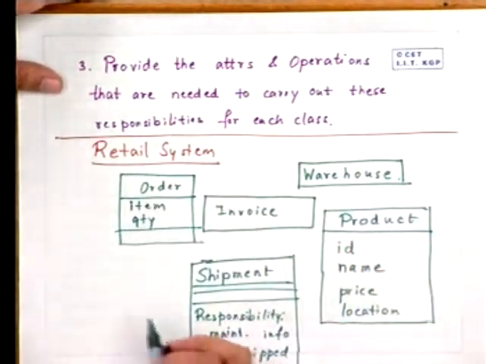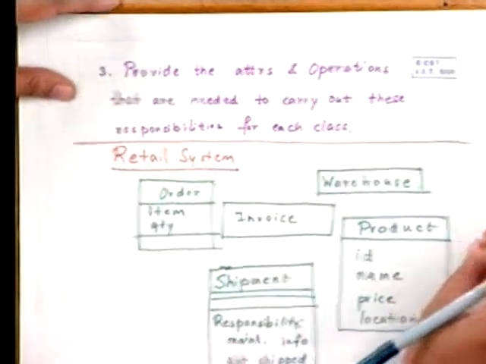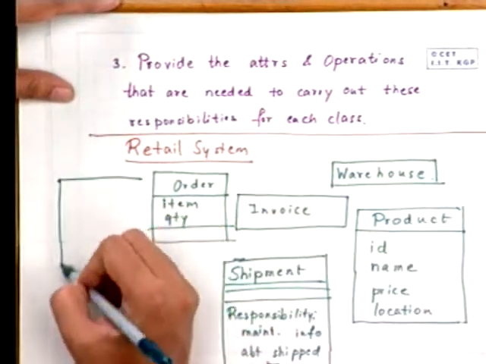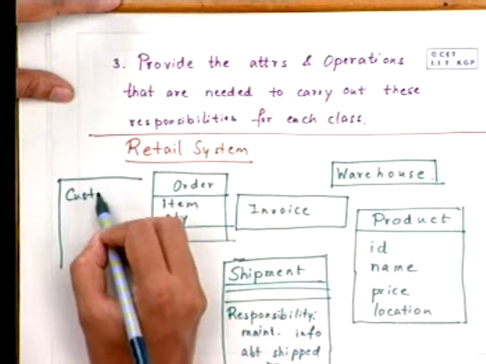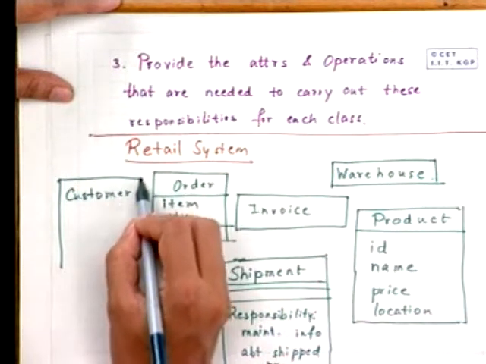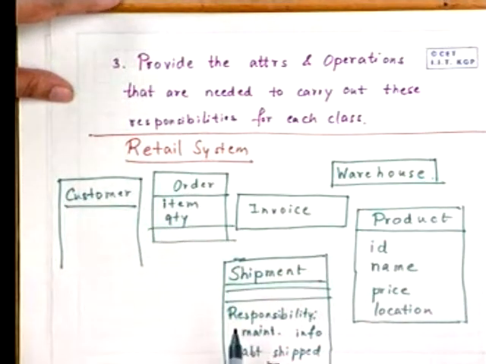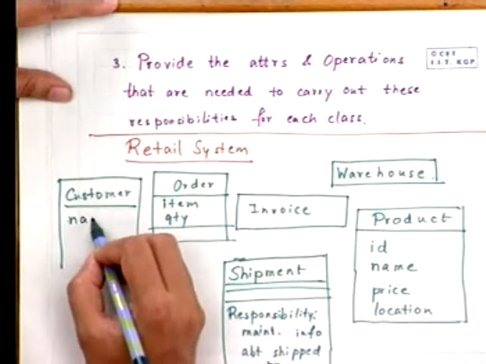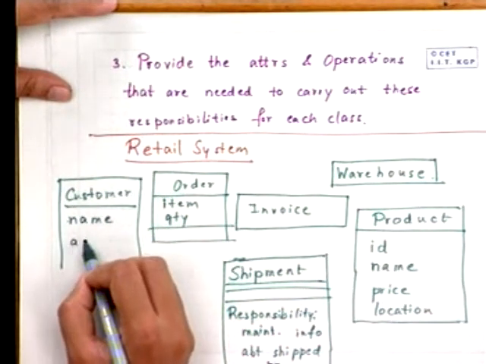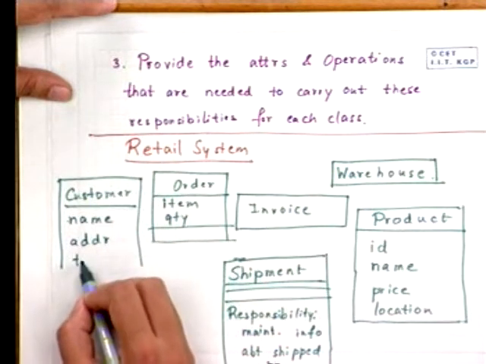Then we have the object customer, and the attributes for the customer are name, address, telephone number.